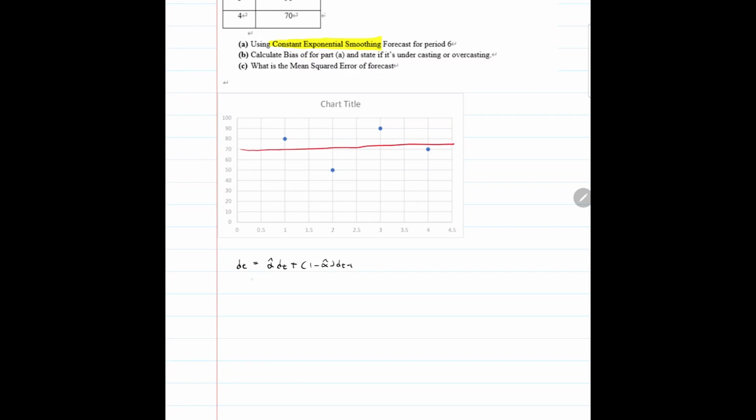Let's calculate the alpha hat first, which is 2 over n plus 1. With n being 4, it's 0.4.